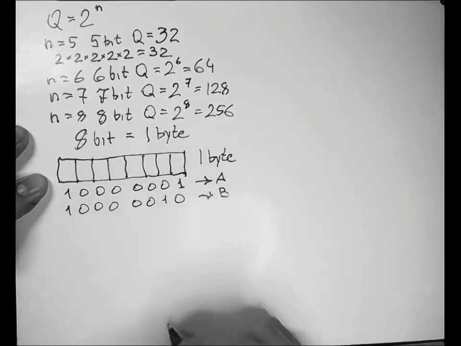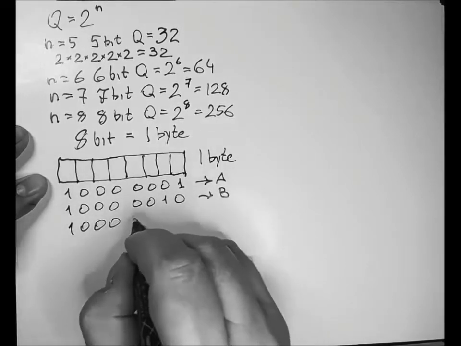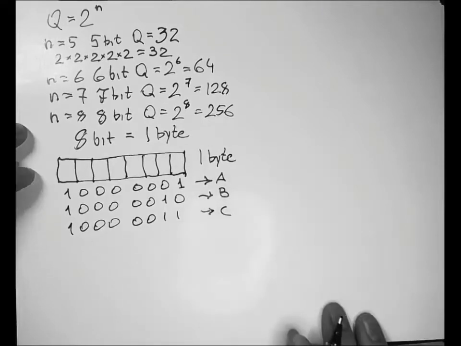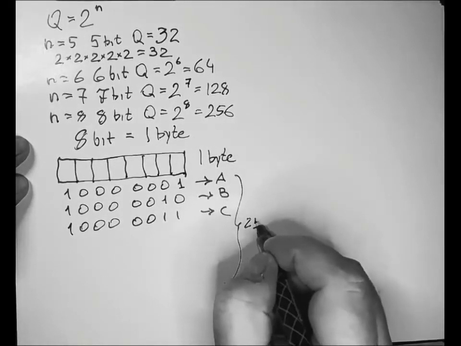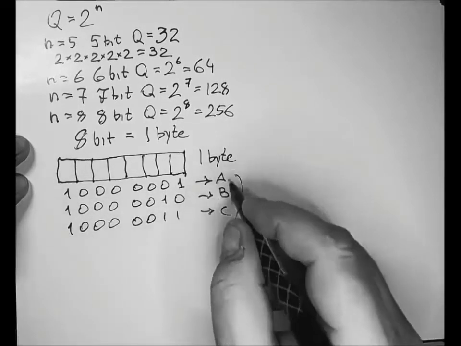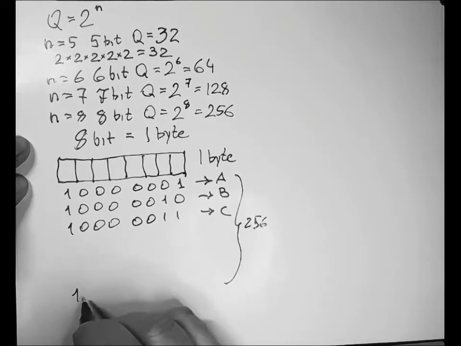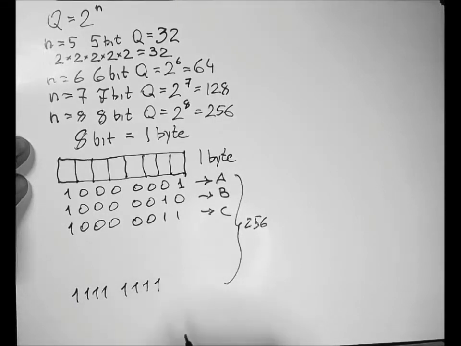And I have plenty of codes like this, 1 0 0 0 0 0 1 1, and that will be C. So I can encode 256 different codes, so 256 different characters. The last one will be 1 1 1 1 1 1 1 1, and I don't remember what symbol this is.